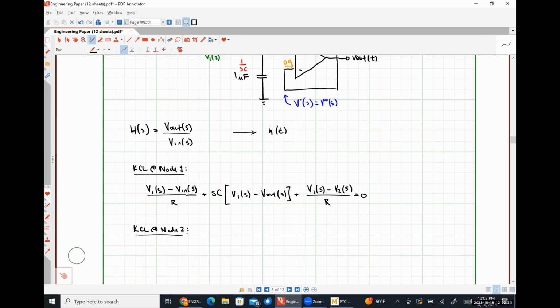KCL at node 2. We just have V2 minus V1 over R plus SC times V2 is equal to 0.